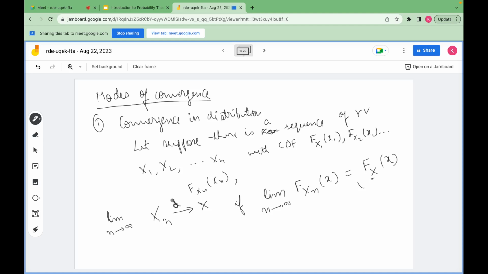And this is how we represent the convergence in distribution. When we solve some problems, you will understand it better.